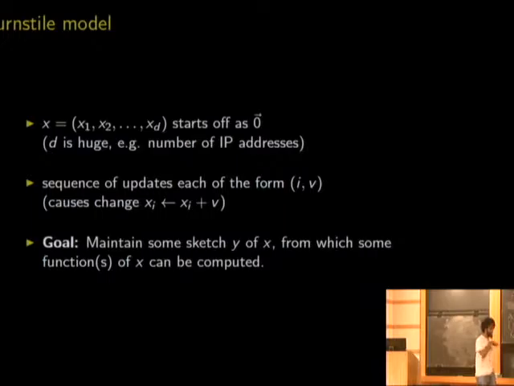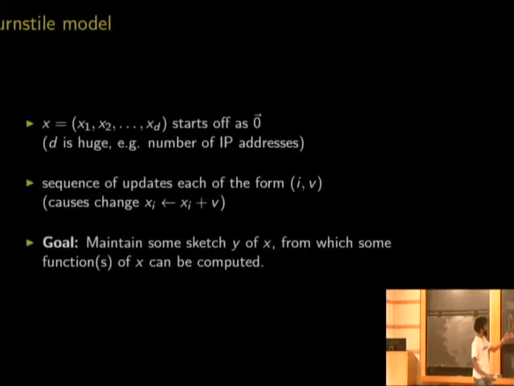The model that we're going to be working with in this talk is what's called the turnstile model. You imagine you have a d-dimensional vector x. You should think of d as being really large, maybe the number of IP addresses or the number of pairs of IP addresses, source-destination pairs. And x starts off as the 0 vector.